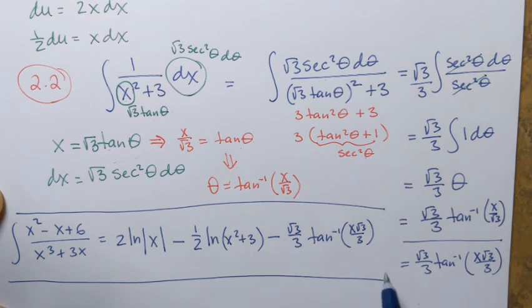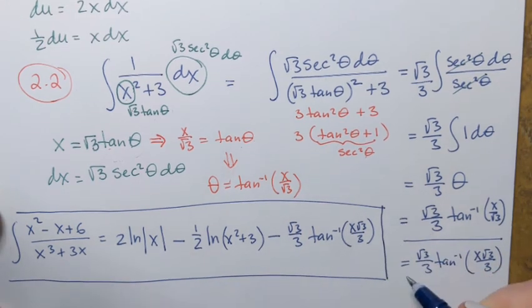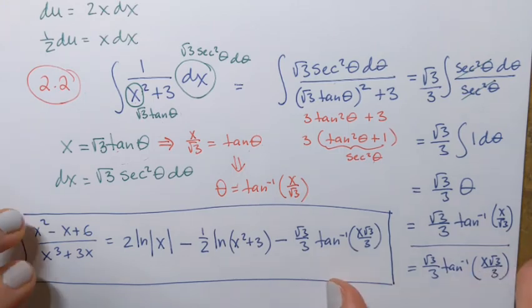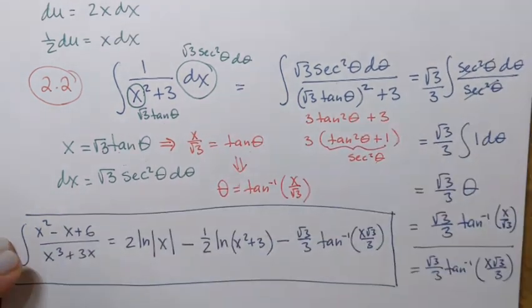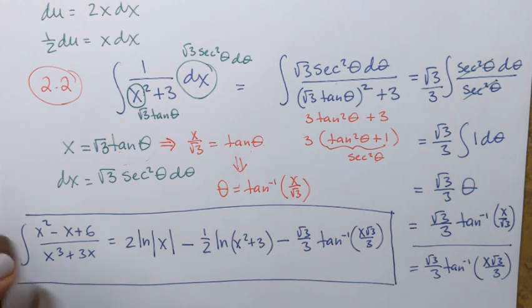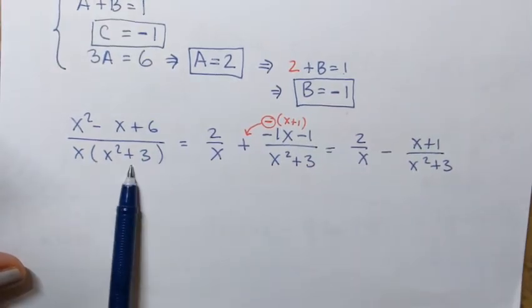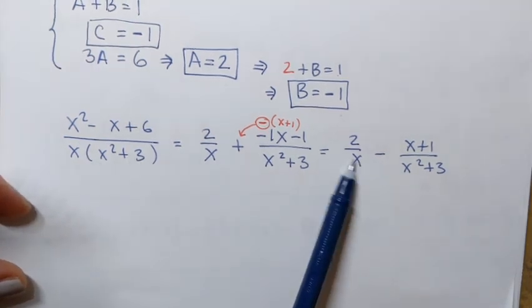Now again, it seems like too much just because there are a lot of parts in this problem, in this integral. So first you want to start by creating correct partial fractions, and I didn't mention that, but it's also something that's important. Let me find my paper. I went back to the place where we created partial fractions.